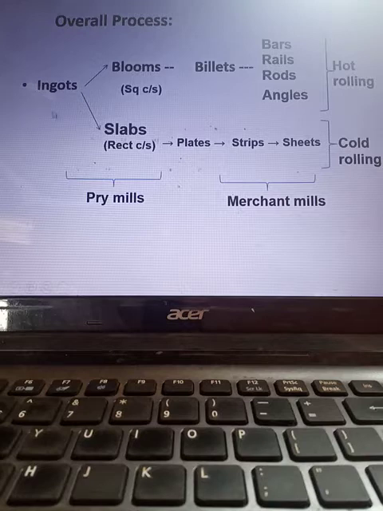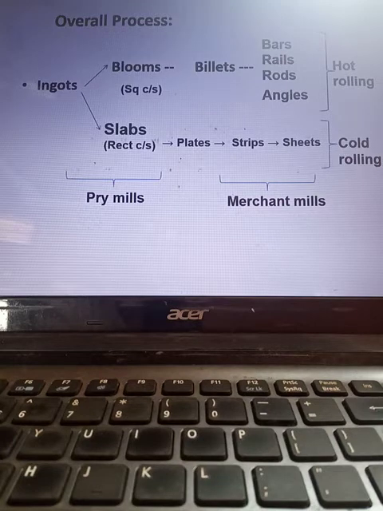There are two paths here. You can see in the first path, the ingots of square cross section are called blooms. The blooms are converted to billets, smaller in size, and then they are converted to bars, rails, rods, angles, etc. These are the ones that we use for different applications.